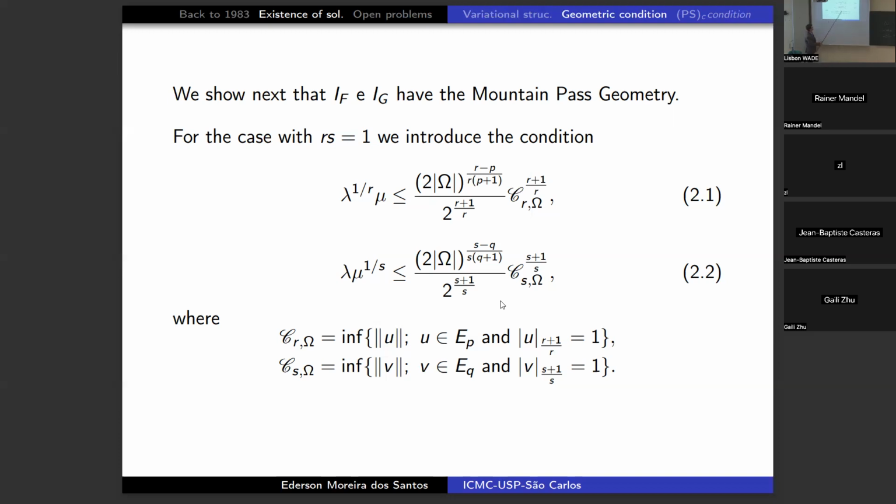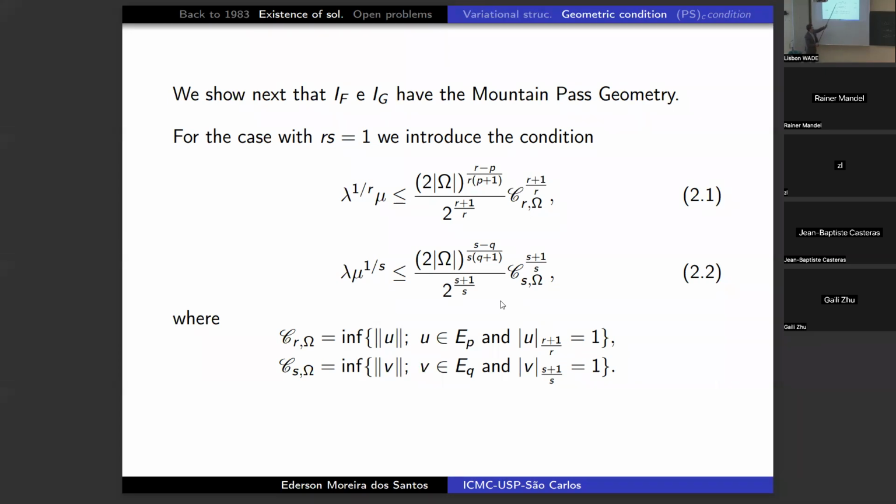And this number here corresponds to the embedding of the space E_P in this Lebesgue space here. And in particular, for those that are working on principal eigenvalue curves, I would say that this is more or less that we are below the first eigenvalue curve.